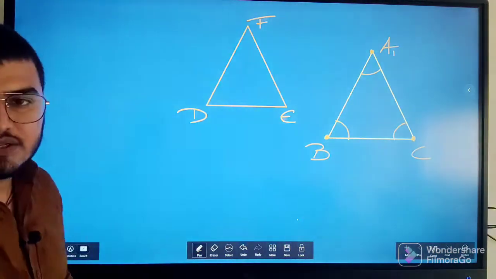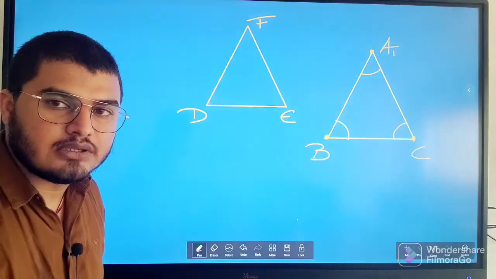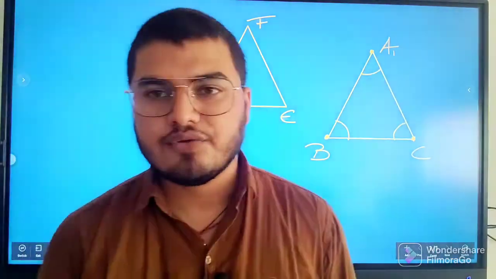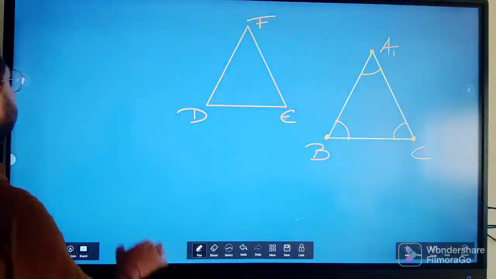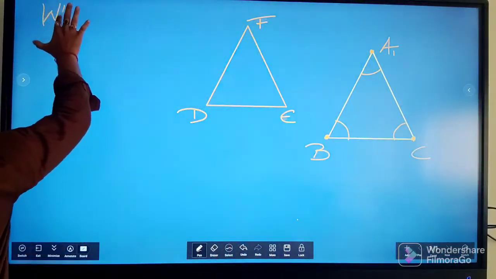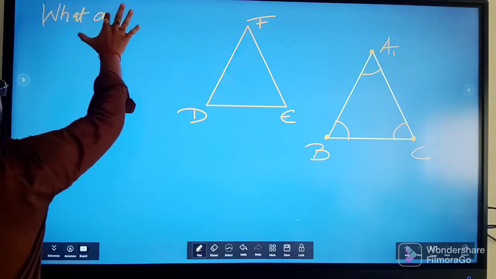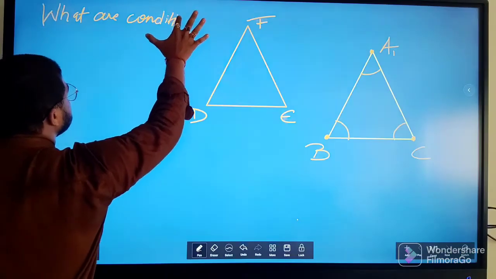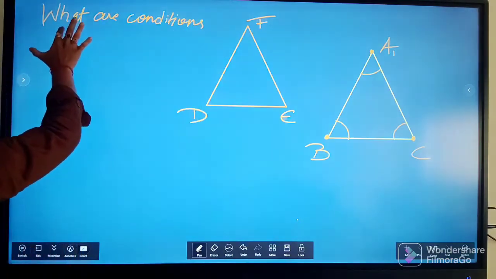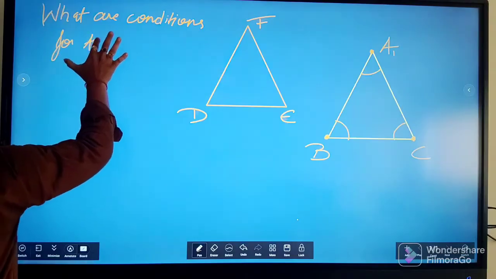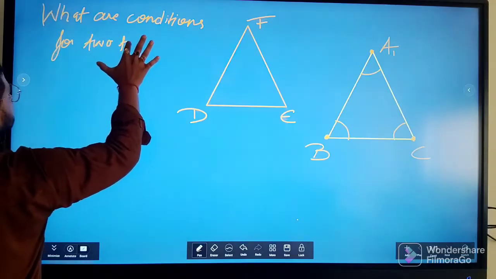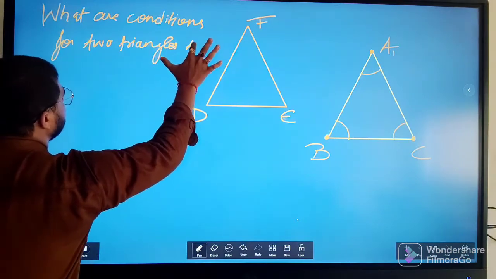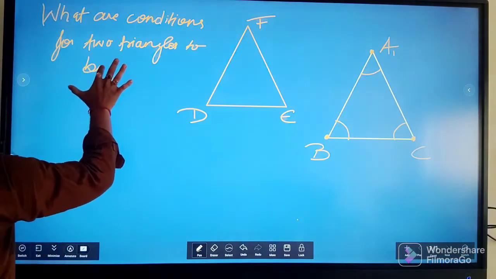Now these two triangles can be said to be similar on two conditions. You may write down what are the conditions for two triangles to be similar?